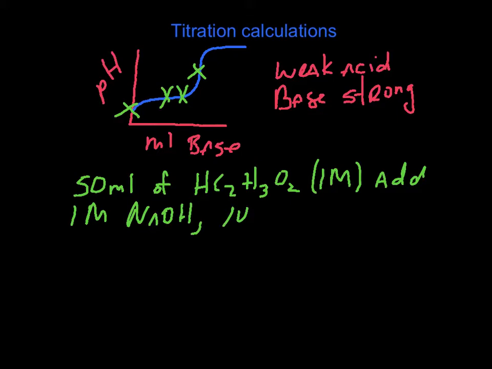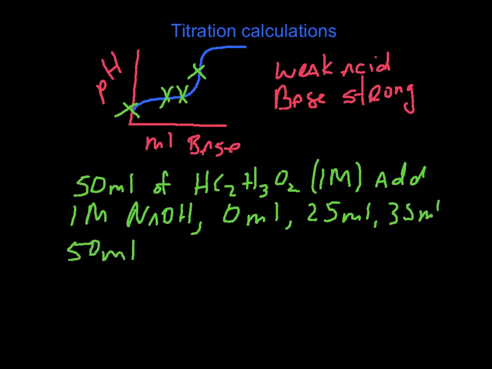The first amount is I won't add any. So the first would be 0 milliliters. Then I'm going to go to 25 milliliters. Then I'm going to go to 35 milliliters. And I'm going to go to 50 milliliters. Alright, so those are going to pick up the green points that I have on the graph above.